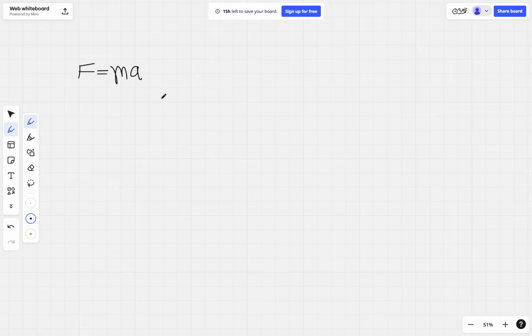If we want to express the force acting on a flowing fluid, let's just write down the forces. The first force will be force due to pressure.